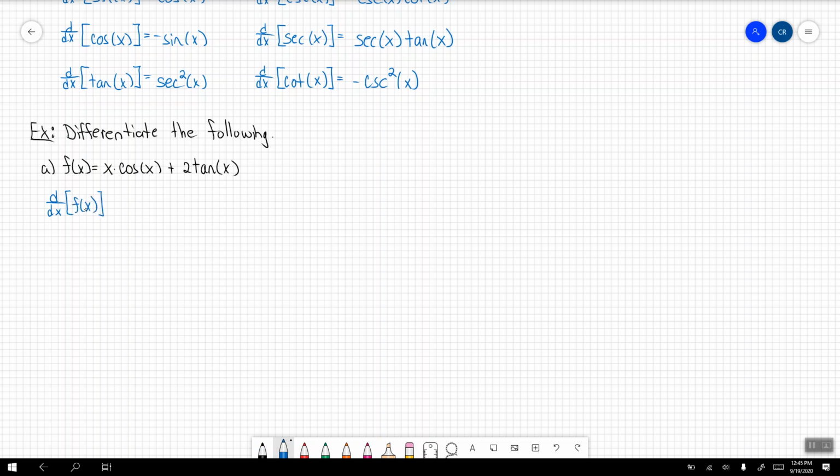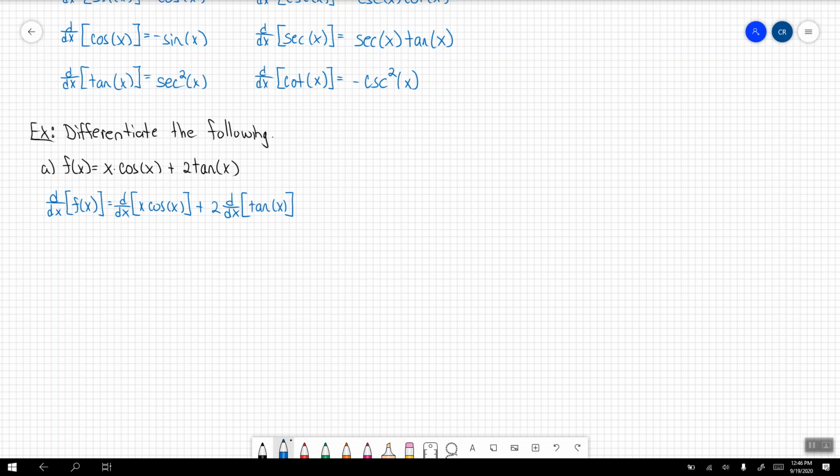So the derivative of the function f of x with respect to x. On the right hand side, we're going to take the derivative of the first term, which is x times cosine of x, plus 2 times this derivative. And again, 2 is a constant, and we take the derivative of tangent of x as such.